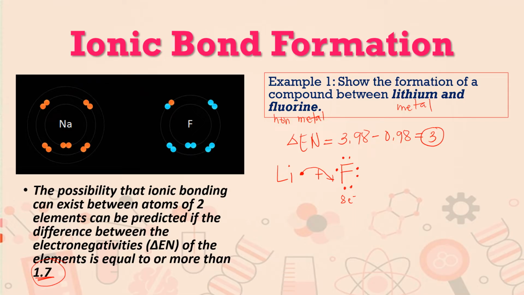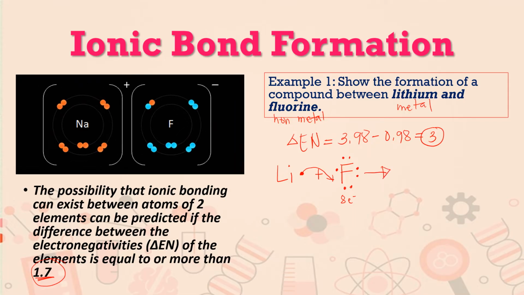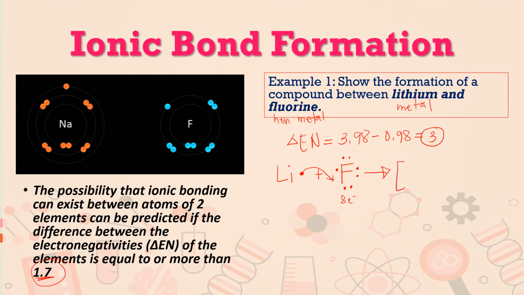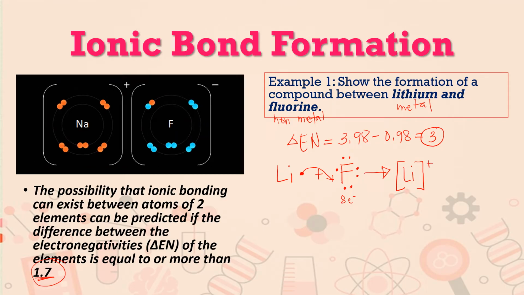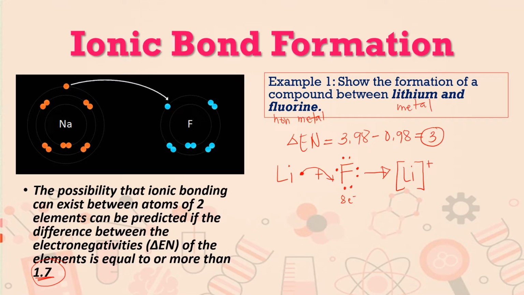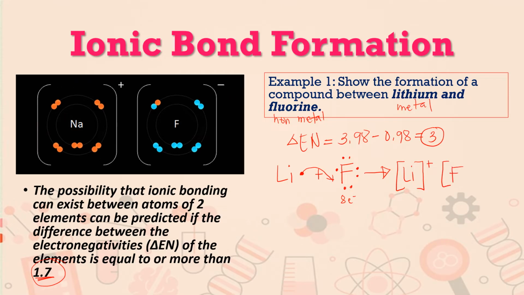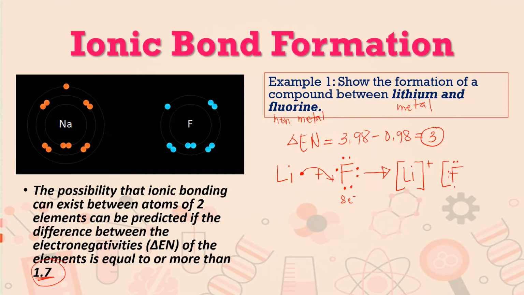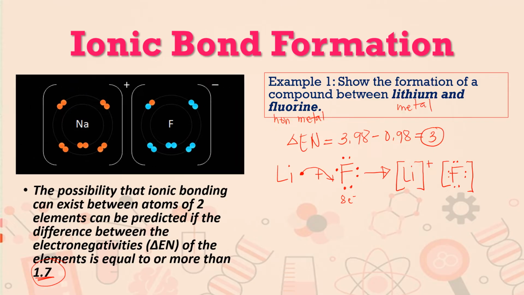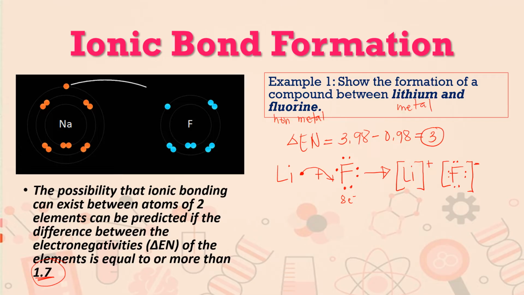So if you are going to assign now the charges of each element, since lithium lost 1 electron, the charge is positive 1, or simply positive. No need to write the number 1. And since fluorine gained 1 electron, meaning it ended up negatively charged, its charge is negative 1, or simply negative.